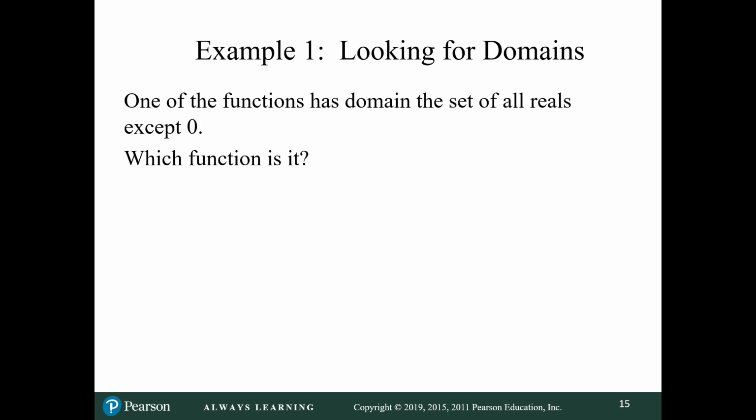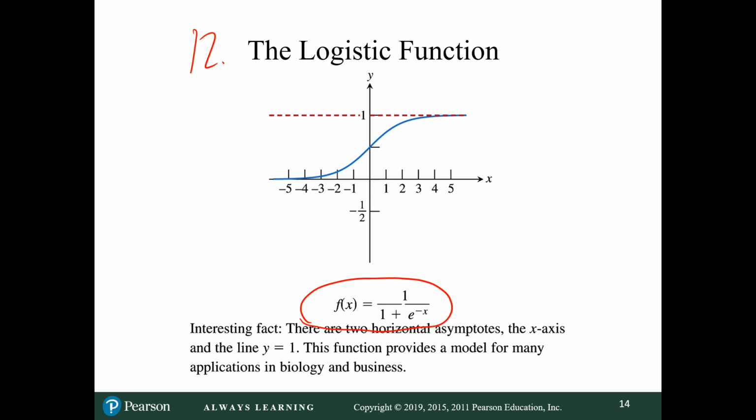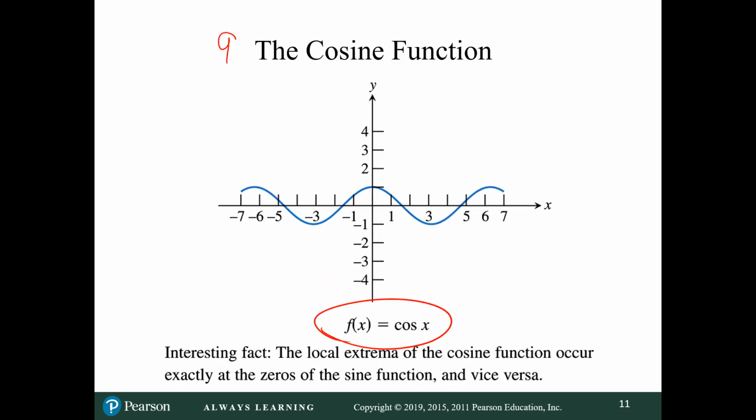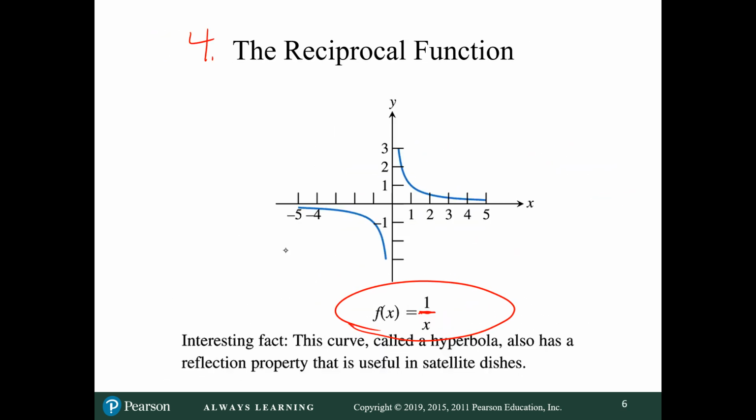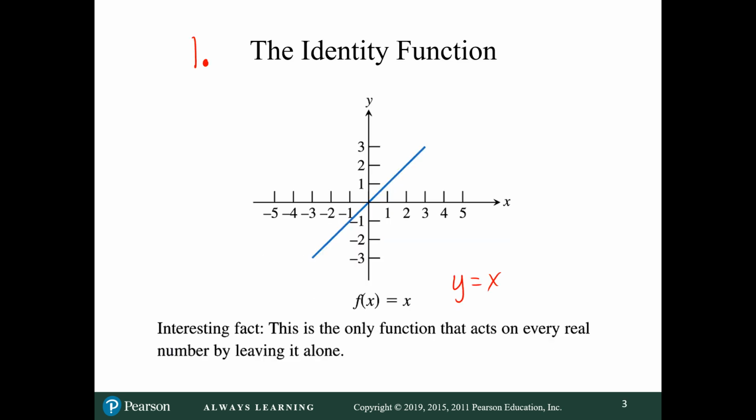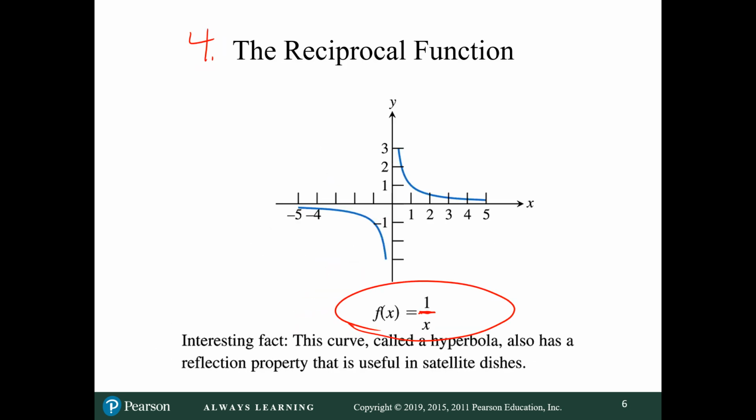One of the functions has a domain of the set of all real numbers except for 0. So out of these 12 basic functions, which one has a domain of all real numbers except for 0? Not absolute value.